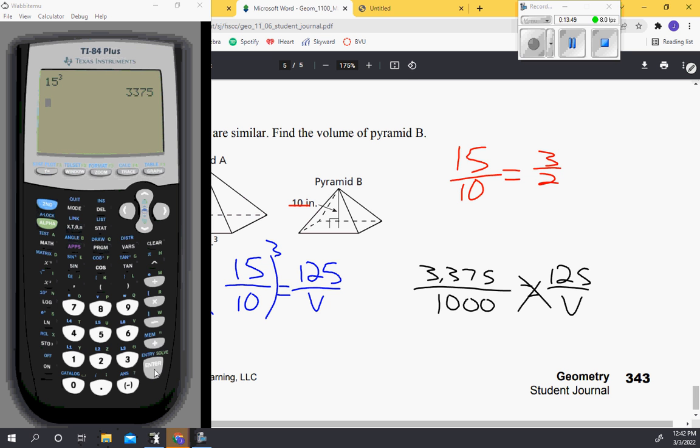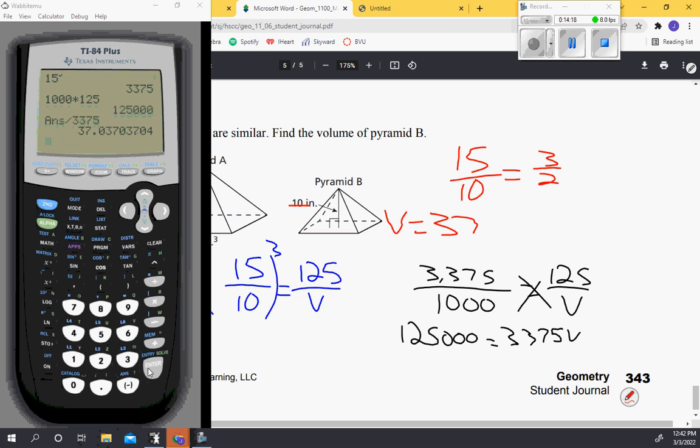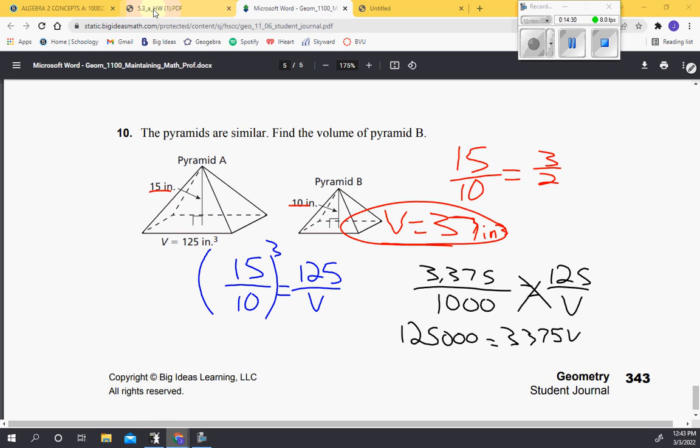All right, 1,000 times 125 is equal to 125,000. That's equal to 3375V. Divide both sides by 3375. And we get 37. So V is equal to 37 inches cubed. There we go. My bad. My apologies.